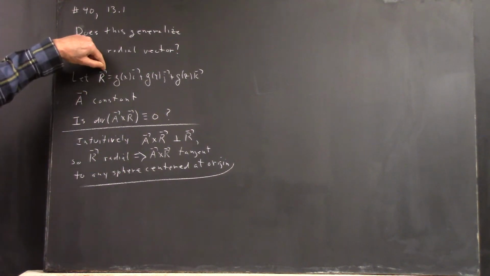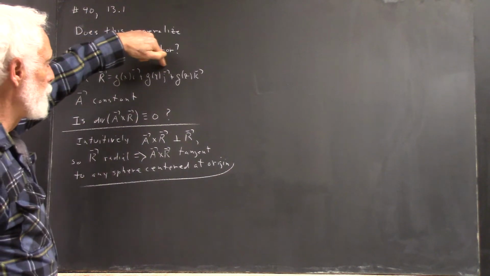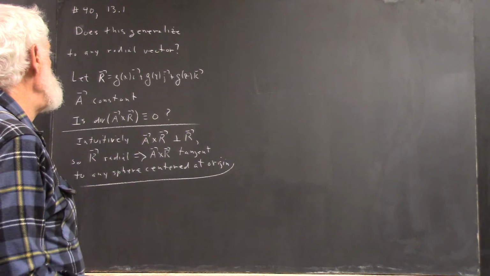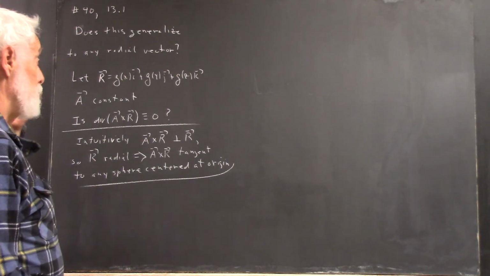So let's let R be a general radial vector, just g of x i plus g of y j plus g of z k.